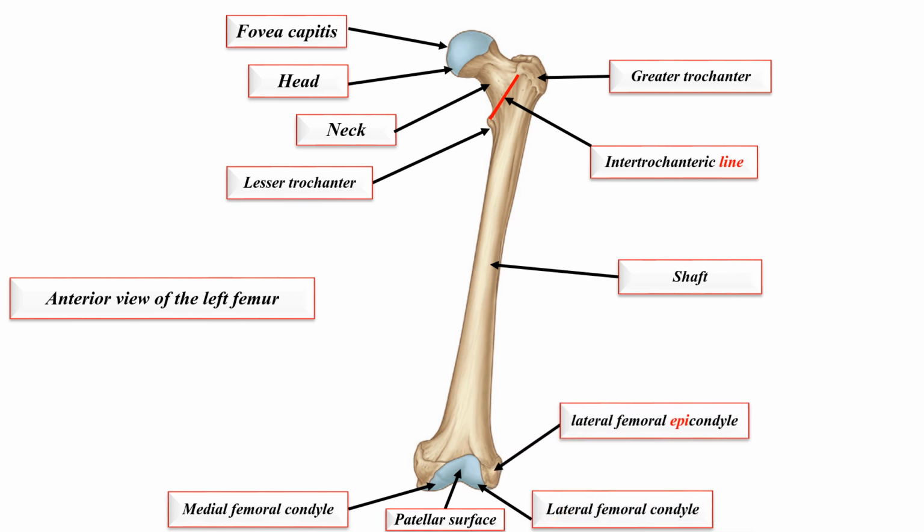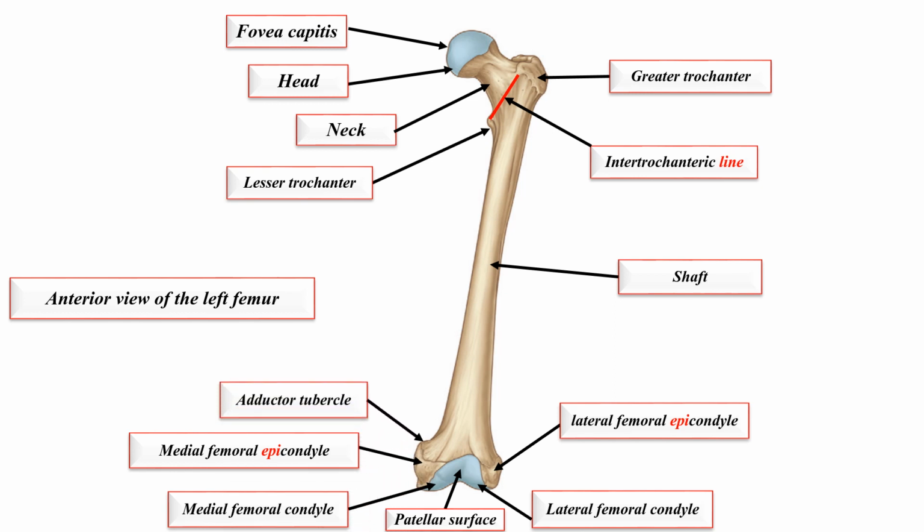This is the lateral femoral epicondyle above the lateral femoral condyle, and this is the medial femoral epicondyle above the medial femoral condyle. This is the adductor tubercle. It is the small prominence at the upper margin of the medial epicondyle of the femur. This adductor tubercle provides an insertion for adductor magnus muscle.